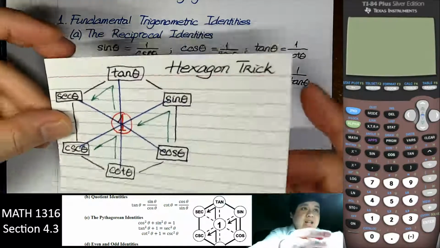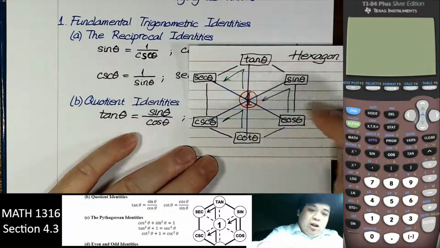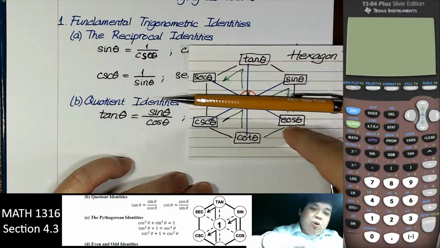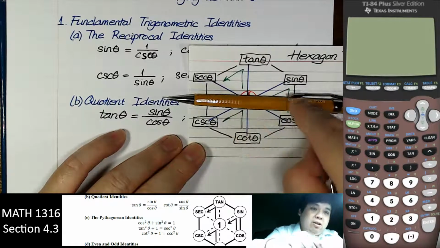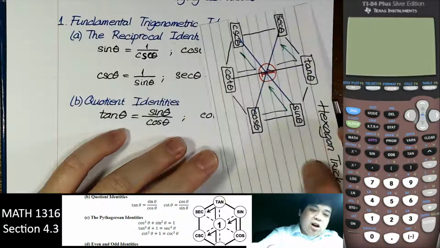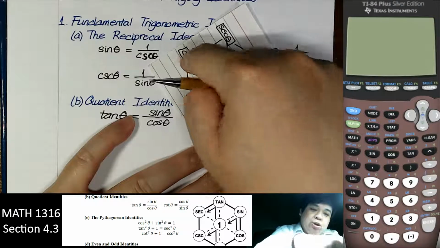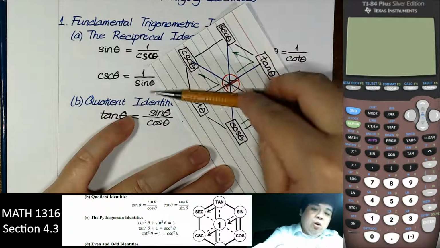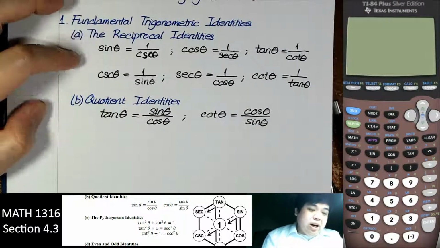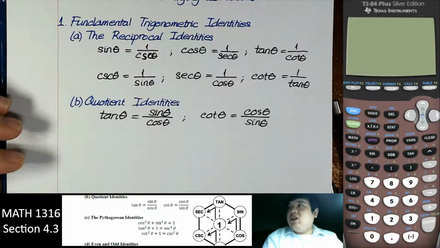Of course, in the hexagon, whatever the function on the top, so tangent is equal to sine over cosine, secant over cosecant, right? And then of course 1 over cotangent. So whatever the function on the top, we will have 3 ratios. So secant is cosecant over cotangent, tangent over sine, or 1 over cosine. Yeah. So the quotient identity and reciprocal identities, we can get from the hexagon easily.